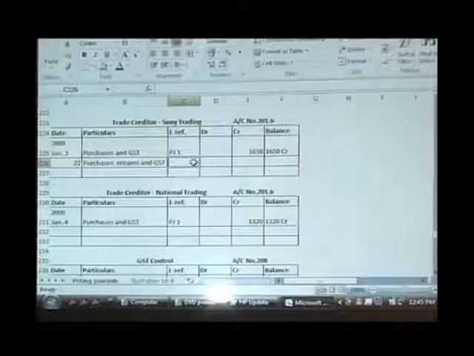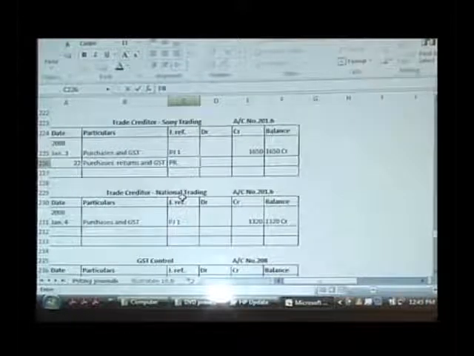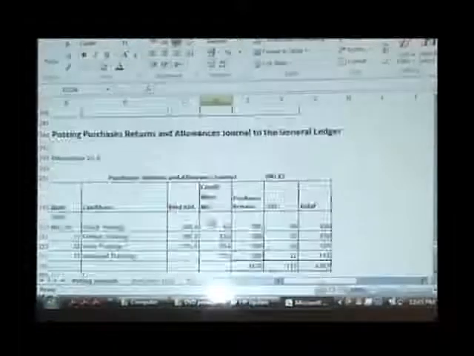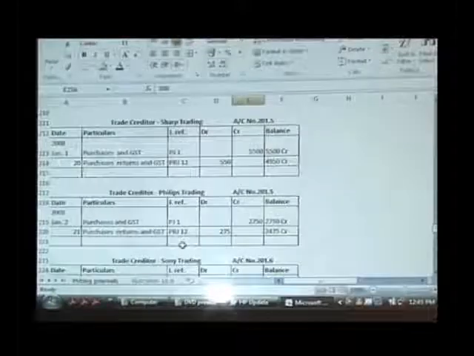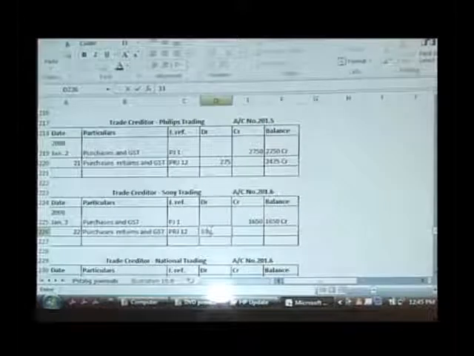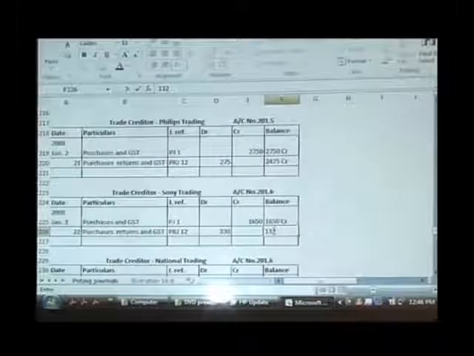This is from purchases returns journal, page number 12. Amount here is 330 debit, and 1,650 minus 330 is 1,320 credit.